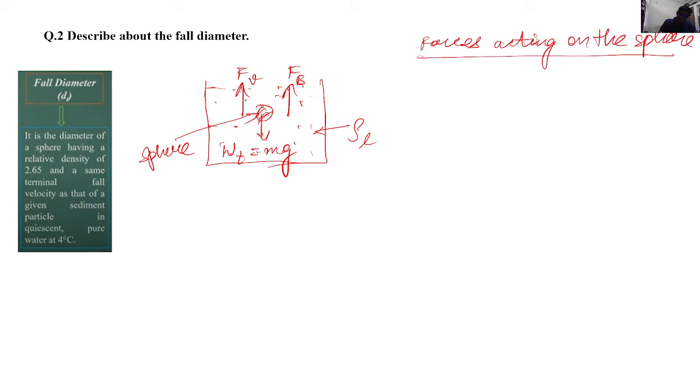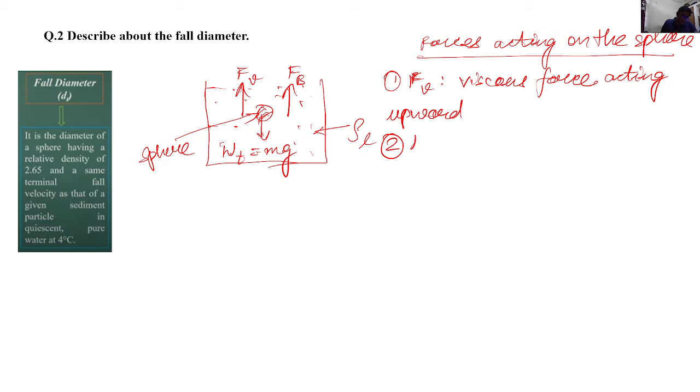So there will be several forces. Number one is the Fv, the viscous force, which will act upward. Why upward? Because it's a resistive force, and since the sphere is falling downward, the viscous force would be upward.